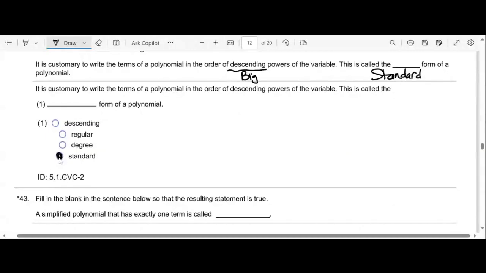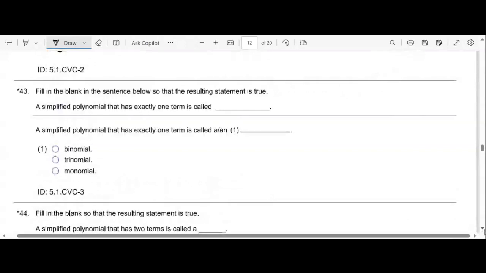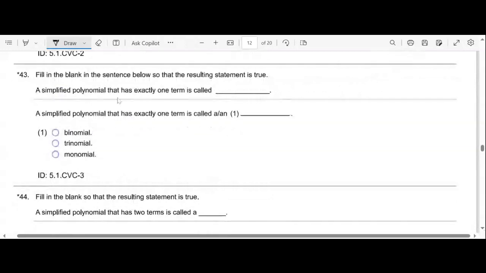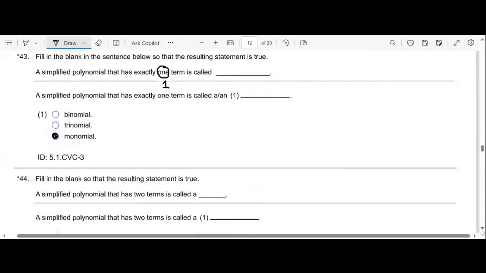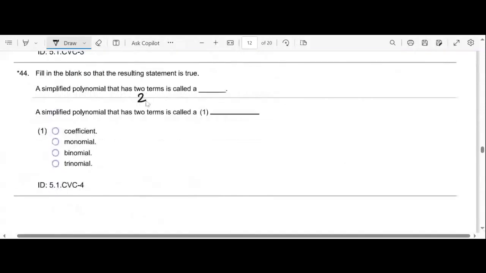Okay, so that's the answer. Next question. A simplified polynomial that has exactly one term is called a monomial. A simplified polynomial that has two terms is a binomial.